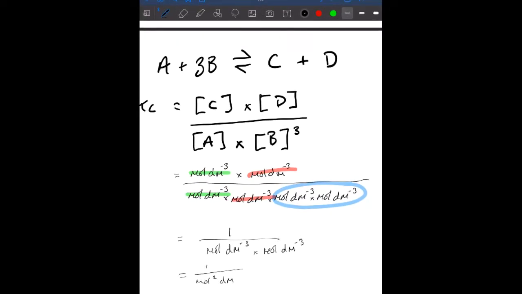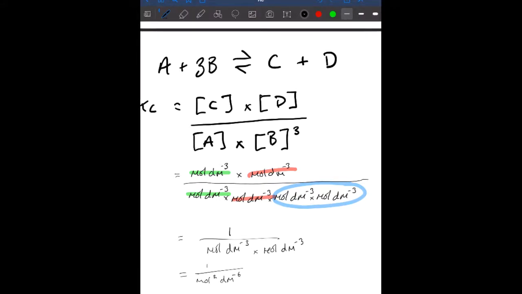dm to the minus 3 times by dm to the minus 3 times by dm to the minus 3, so we add those together, so dm to the minus 6. Still not quite there yet.